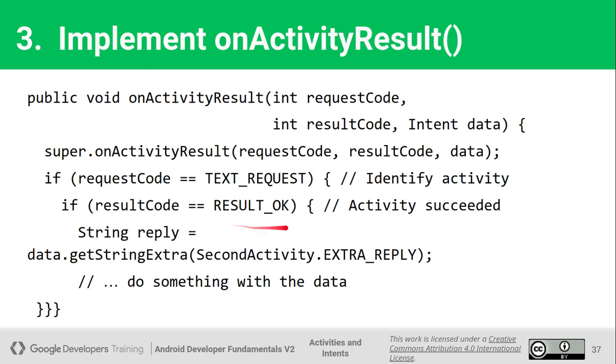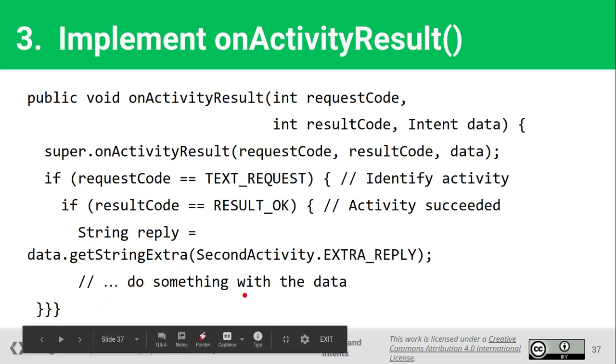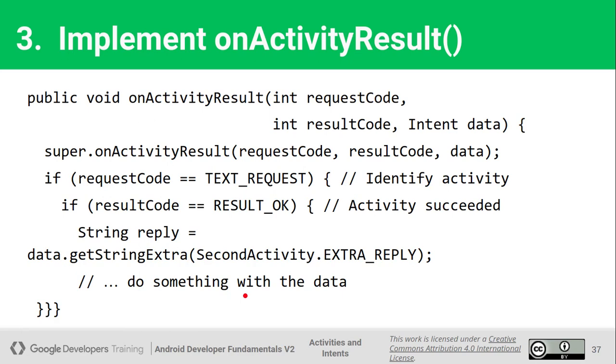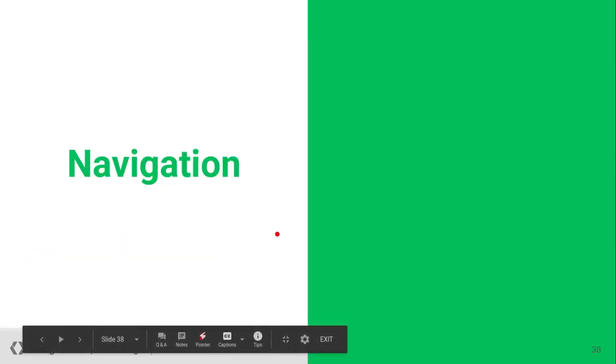If this parameter is RESULT_CANCELED, it means the activity did not send any information or message. In that particular case, we will just abort this function. So in this way we get information or a message back from the second activity.